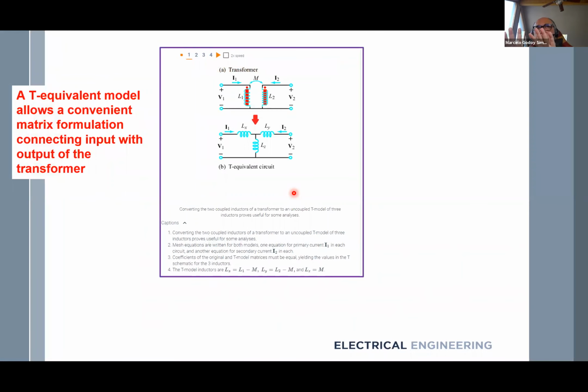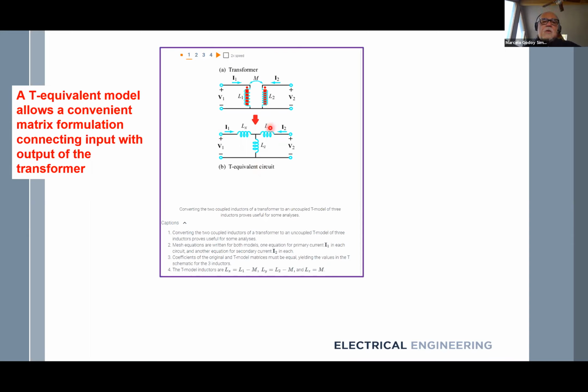Now, let's keep this discussion of impedance on the side, and I want to show you two types of equivalent models. In this course, we don't have time to go through these equivalent models, but it's important for you to at least understand. I could start from a transformer that has self-inductance and a mutual, and on these terminals I want to replace this whole thing by this equivalent circuit.